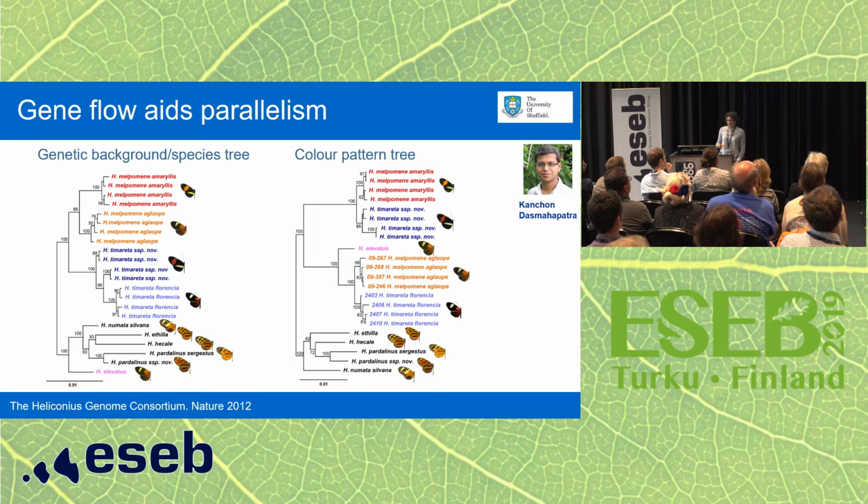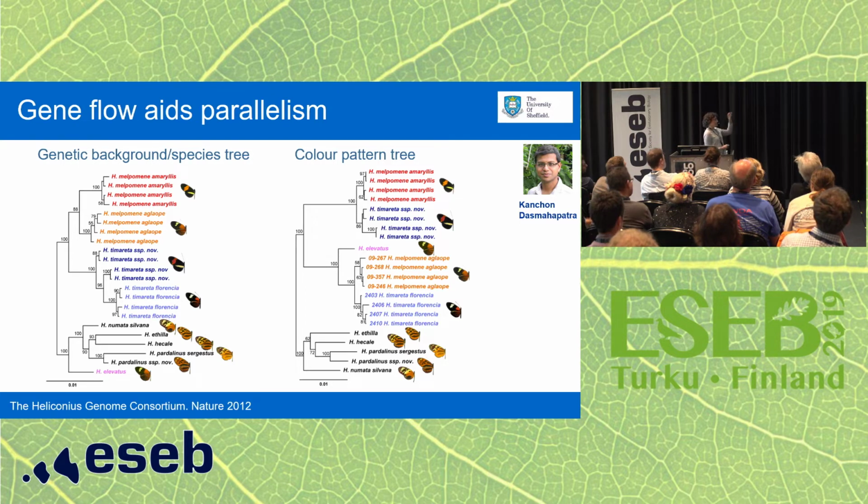So this could either be due to shared ancestral polymorphism at these genes that's been shared across evolutionary time, or due to hybridization, and combined with a bunch of other data, we really think that these are hybridizing and sharing the color pattern genes. And this kind of gives us a tool to identify these genes.